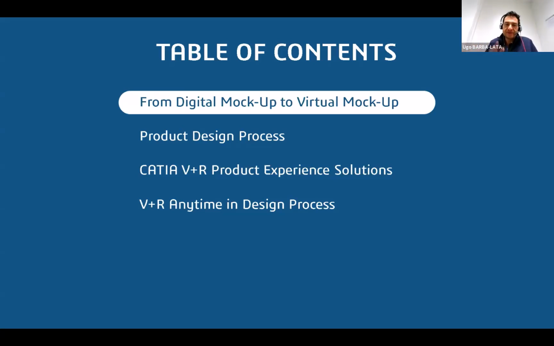And then we will see the process, and all the product experience solutions will help you to visualize, experience, and make decisions on the realistic model, consuming the data from design and engineering. And at the end, you will see that over this whole presentation, product experience is something that is accessible at every moment of a design process.